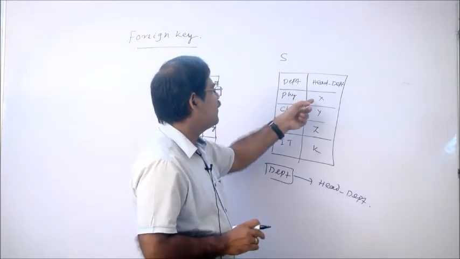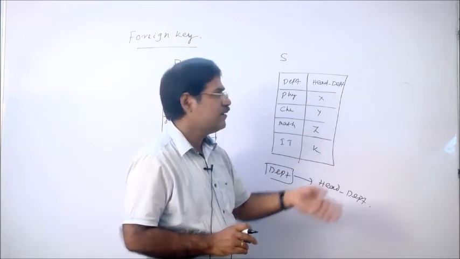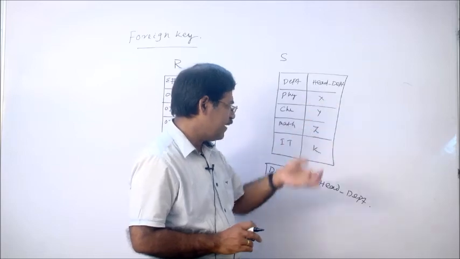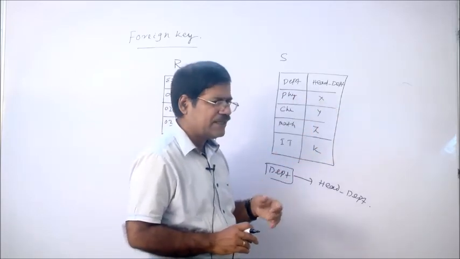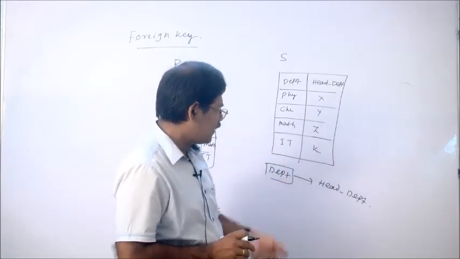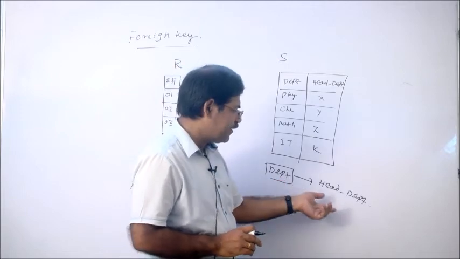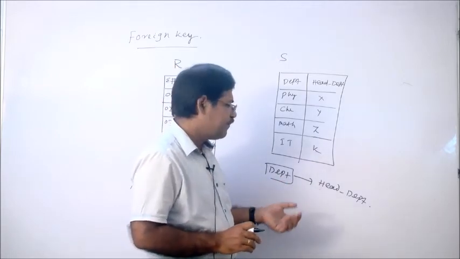The physics department head's name may be the same as the IT department head's. Either this is a key or that may be a key. You can take either one as the key in this table, because both are unique. If department is a key, head of the department is a non key. If head of the department is a key, department is a non key.